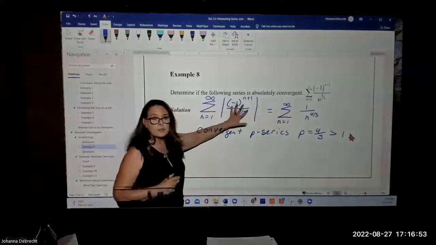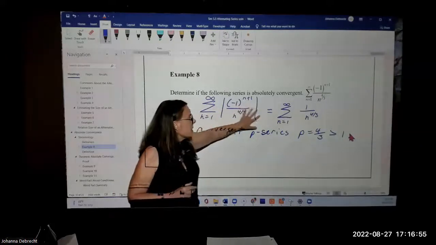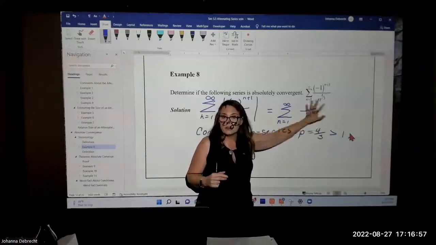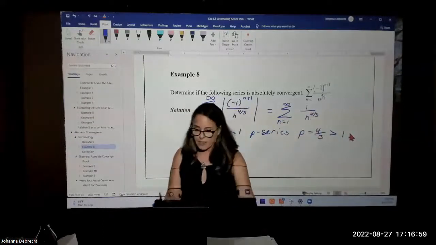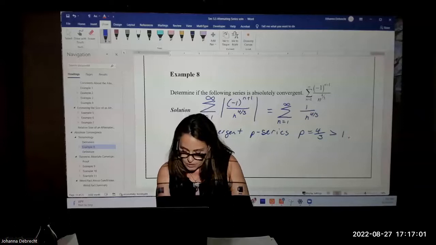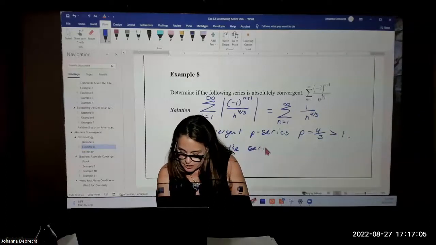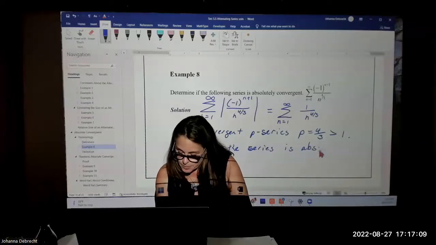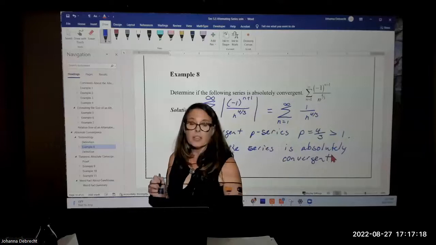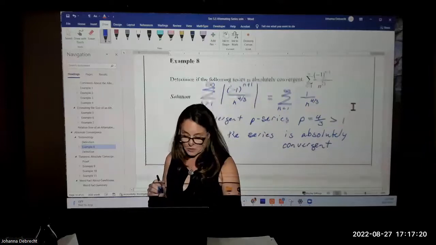Well, we took the absolute value of the summand and we got a convergent series. And that means, therefore, the series is absolutely convergent. And that's what we say, absolutely convergent. So that's our conclusion.